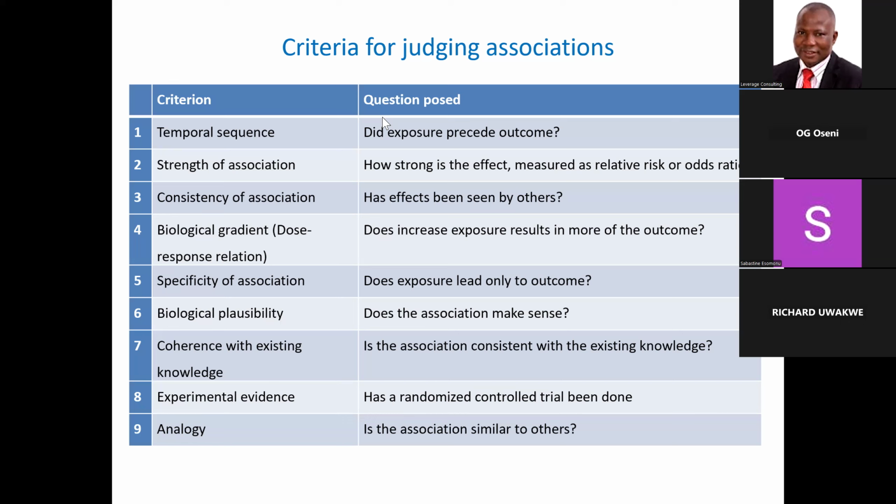Because in a cross-sectional study, when you are doing the study, you get information about the exposure and outcome at the same time. So you measure somebody's blood pressure, you also measure the BMI at the same time. You now do the analysis and say, yes, obesity contributes to blood pressure.